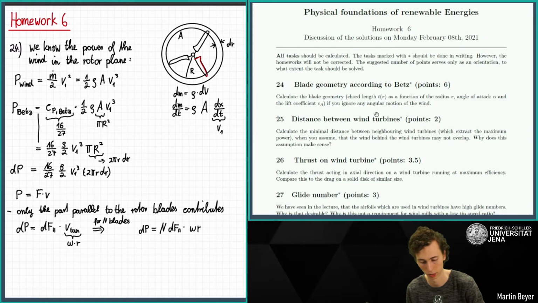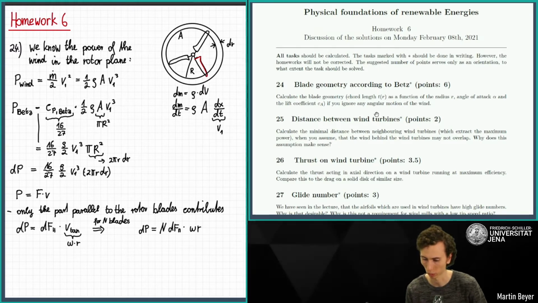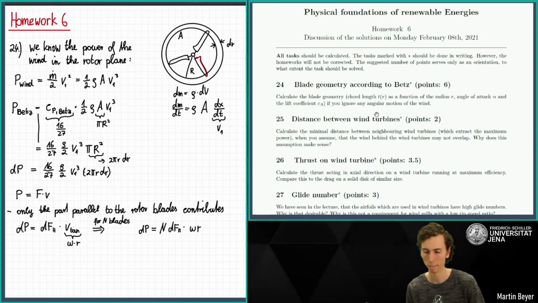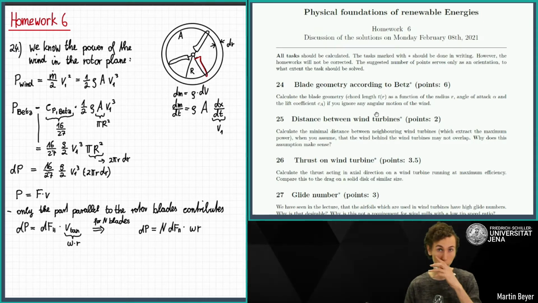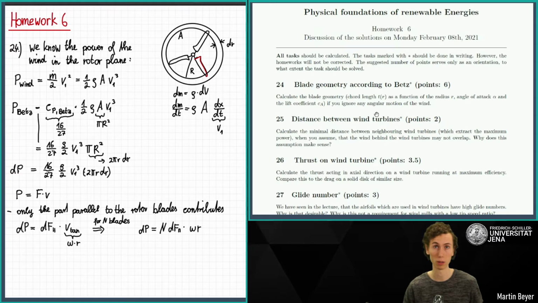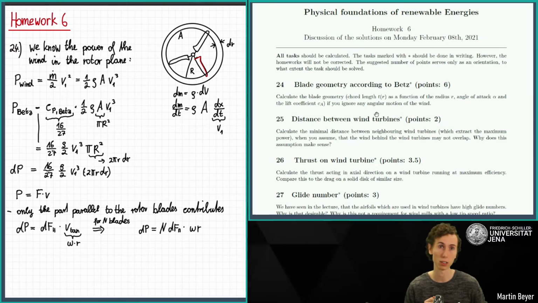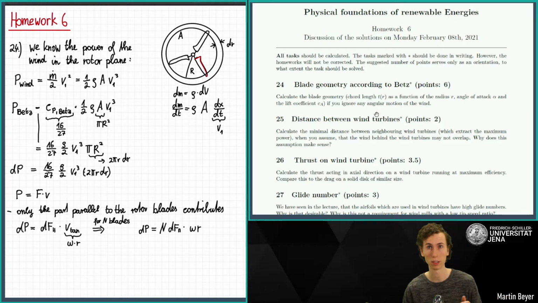Okay, so further we now want to assume that the only contribution to our energy is the lift. So we want to neglect all drag impacts because they will probably be very low.